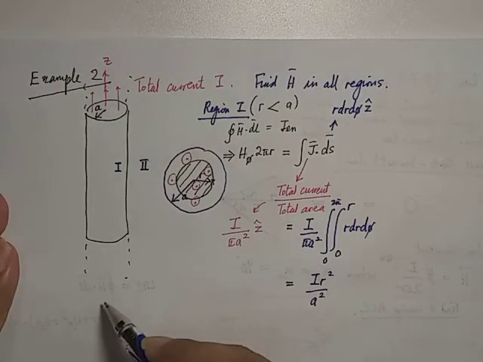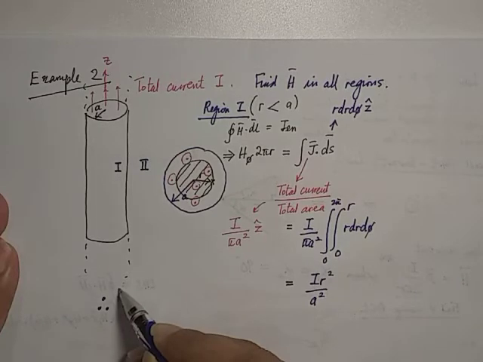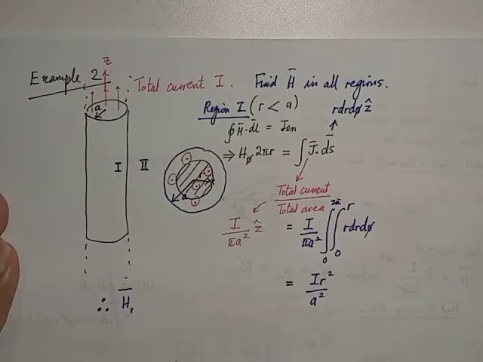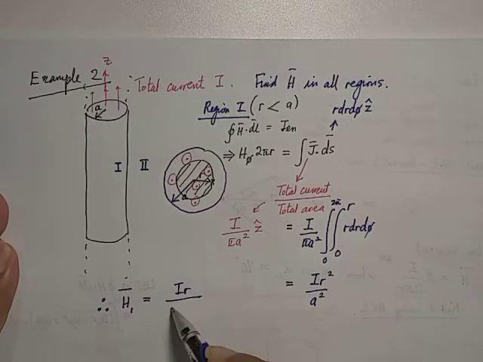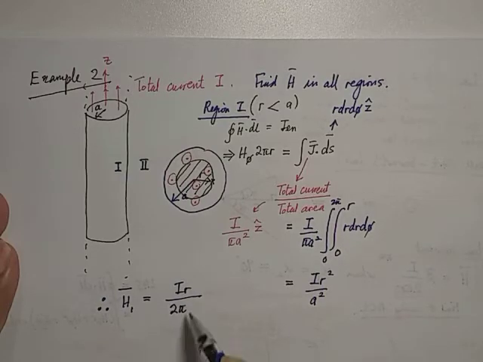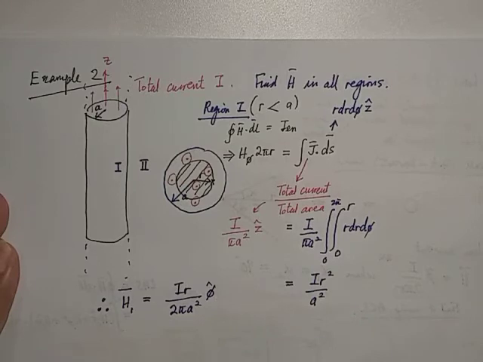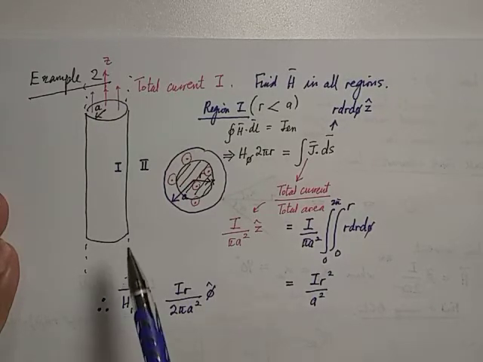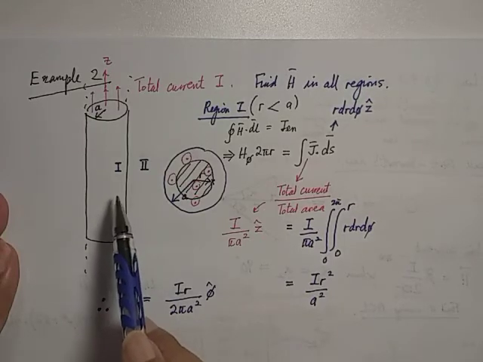So now what we're going to have for H1, that indicates region number 1, should be equal to I R over 2πA² in the φ direction. Okay, that should be the solution of our H inside the cylinder, or H in region 1.